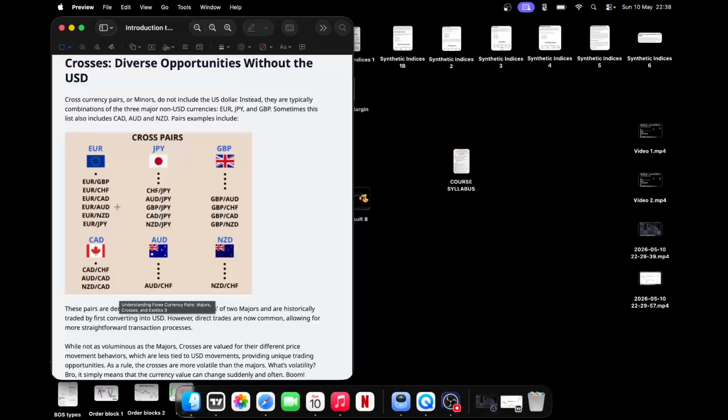You understand? As long as USD is not there, you call them minor pairs. One thing about minor pairs is that they are not as voluminous and not as volatile as the major pairs. So that is that about cross currencies or minor pairs.